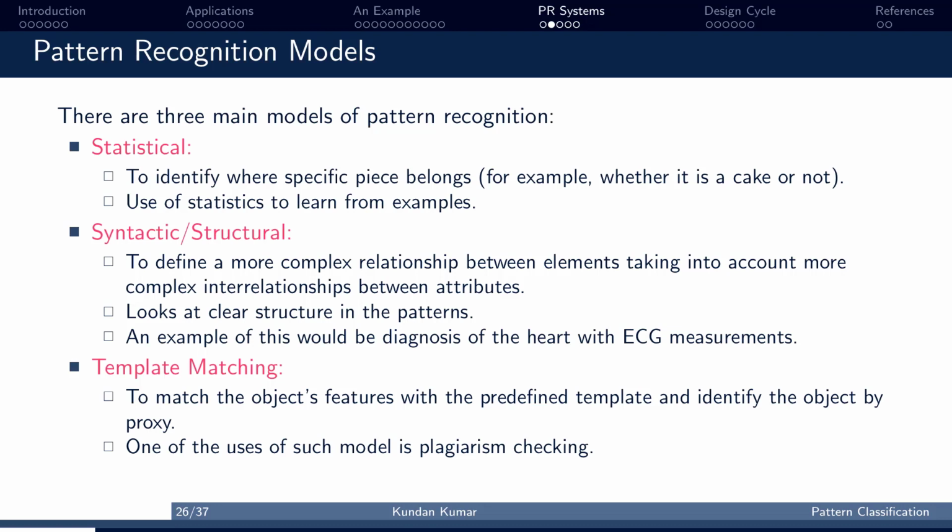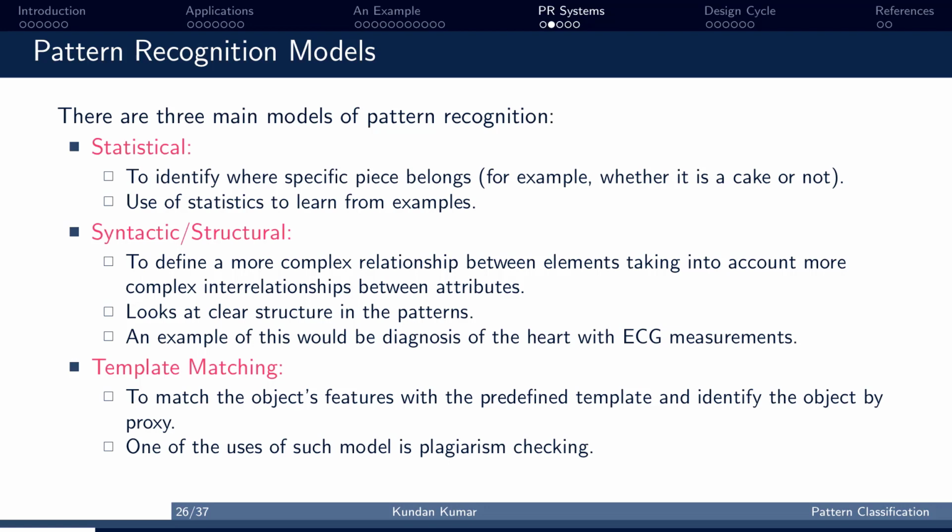So what is the statistical model here? If we identify a very specific item in an image or in any data, for example, suppose a cat is in an image, and the computer recognizes that yes, this is a cat, or maybe you have images of dogs, so cat, dog.